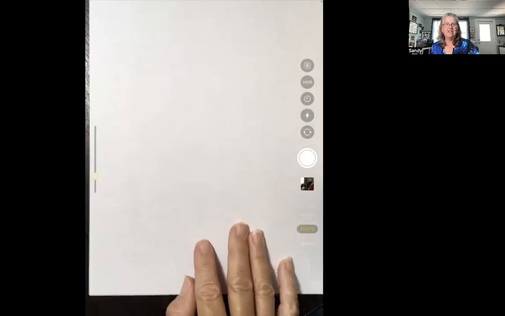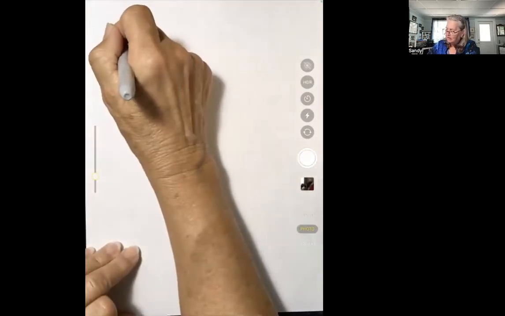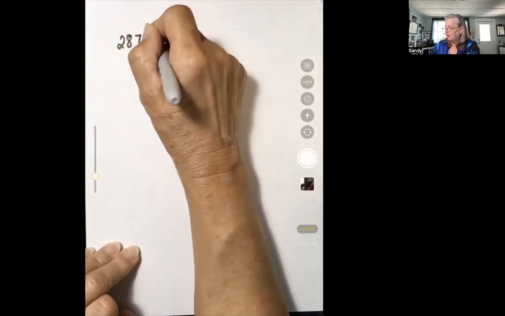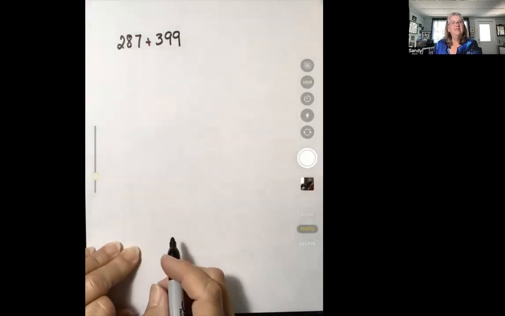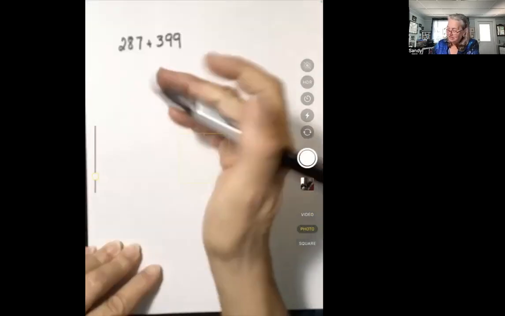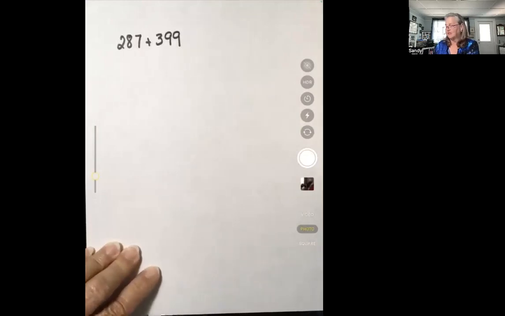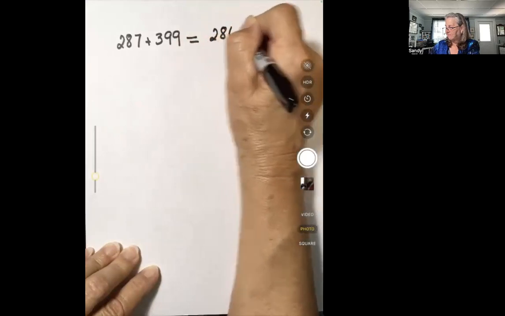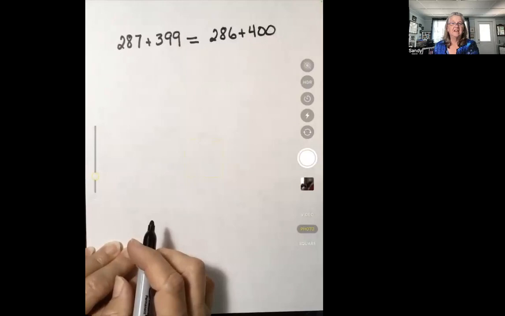But then I can use that to solve things and make it much easier on myself where, again, the properties turn what would have been paper and pencil required to a mental strategy. Can you see how to do this one already? I don't always have to go to the left. See, what is 287 put together with 399 the same as? 686. Done.